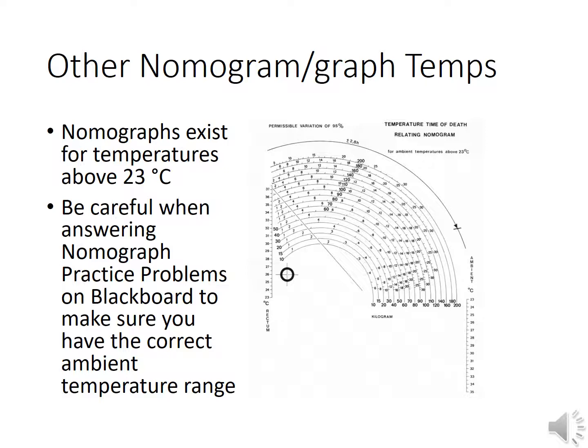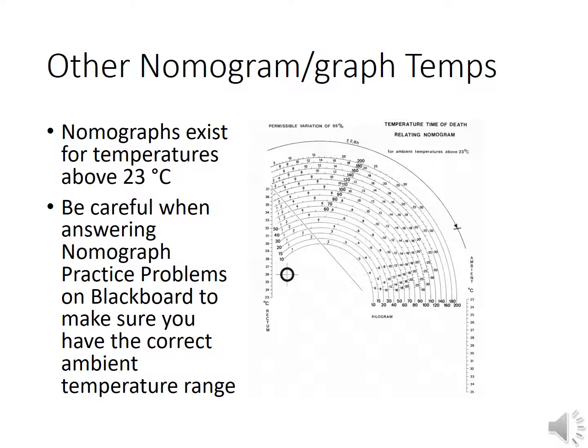There are other nomograms that could be used for higher temperatures, and I show here on this slide an example of a nomogram that's good for ambient temperatures above 23 degrees Celsius, goes all the way up to 35 degrees Celsius. That's getting pretty close to 100 degrees Fahrenheit, so unless we're dealing with a body that's in a very warm place, this nomogram should cover anything beyond 23 degrees Celsius that the other nomogram couldn't account for.